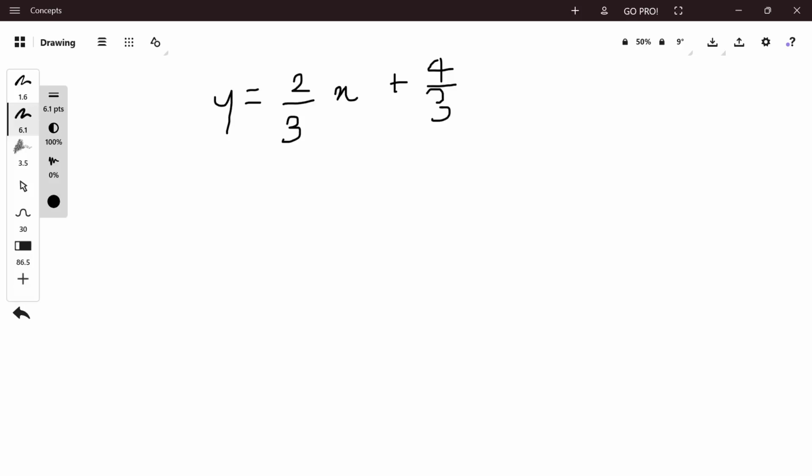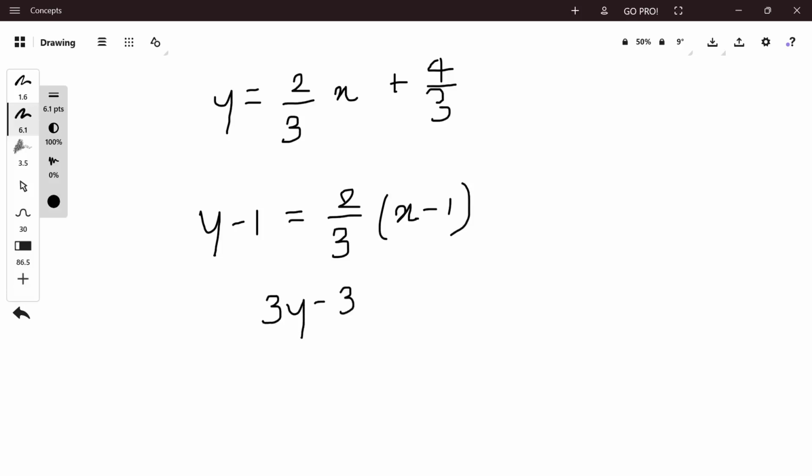Using the point-slope form y minus y1 equal to m times (x minus x1) with point (1, 1) and slope m equal to 2 by 3, y minus 1 is equal to 2 upon 3 times (x minus 1). That is 3y minus 3 is equal to 2x minus 2.